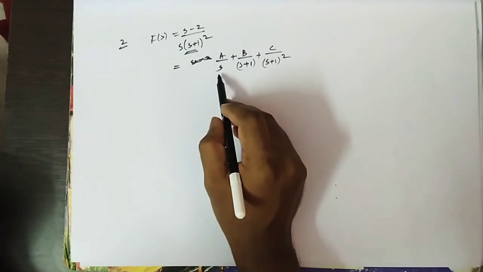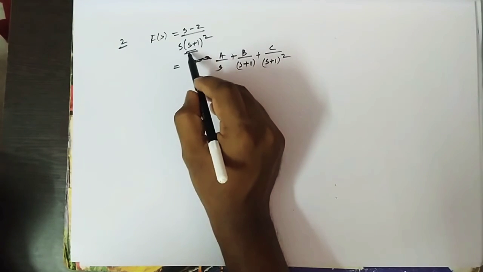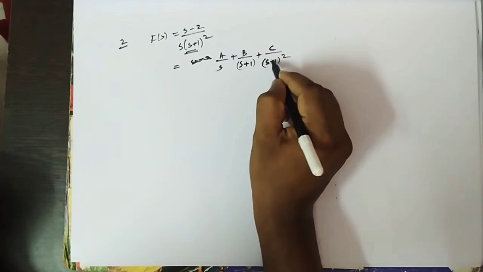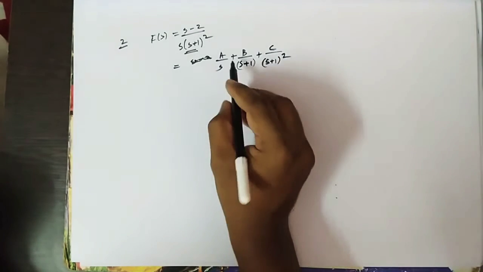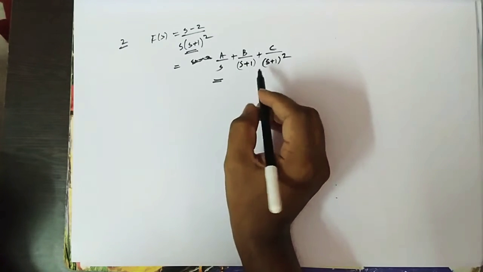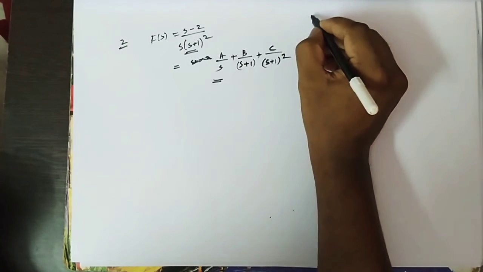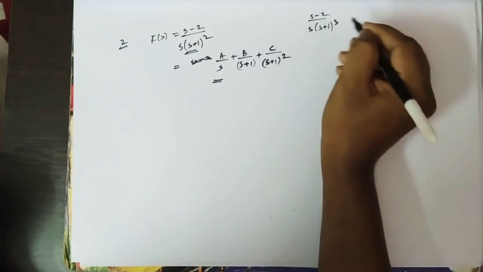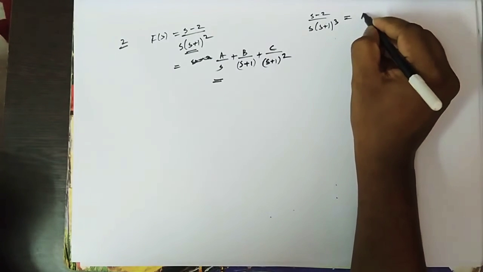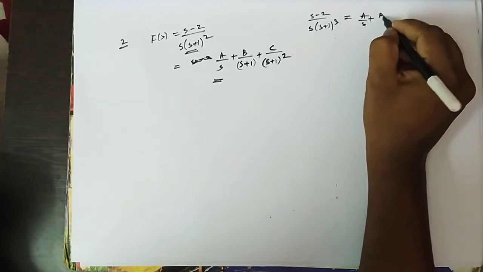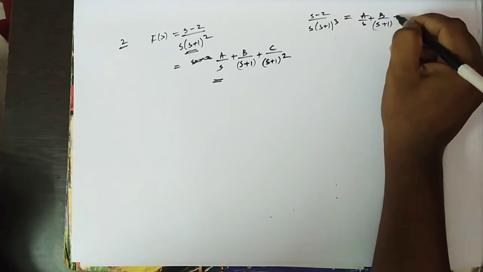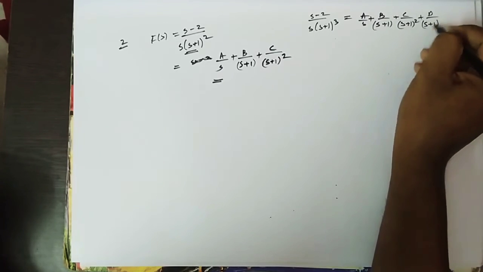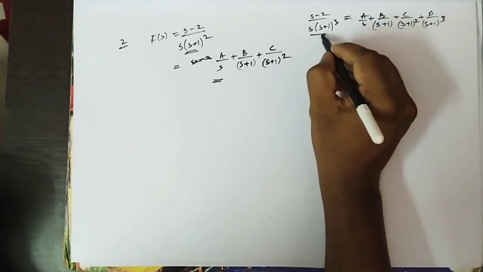This is the partial fraction form if you have multiple roots. For example, for s minus 2 by s into s plus 1 whole cube, the partial fraction will be a by s plus b by s plus 1 plus c by s plus 1 whole square plus d by s plus 1 whole cube.